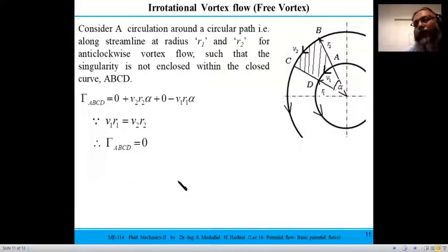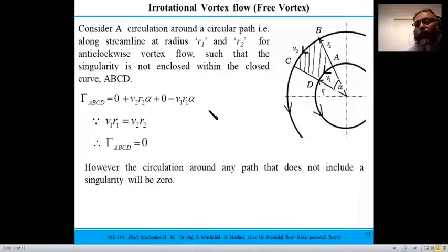For irrotational flow, in terms of curl of the velocity, we can simply say the curl of the velocity is 0, or the vorticity is 0. That would be irrotational flow. But the circulation idea is a little more complicated, because circulation is generally 0 in a closed contour whenever there is no singularity. But once there is a singularity, then circulation will not be 0.